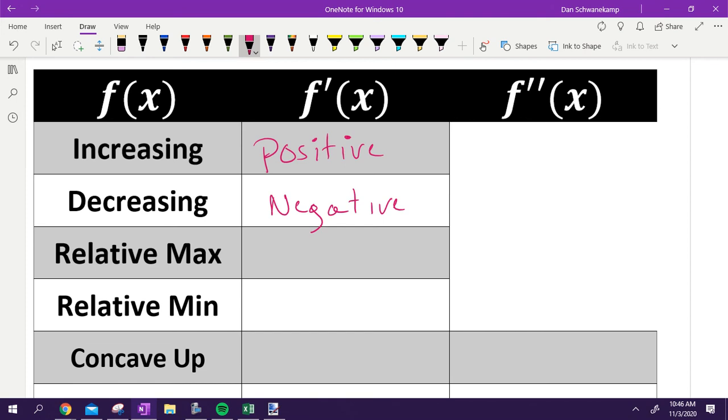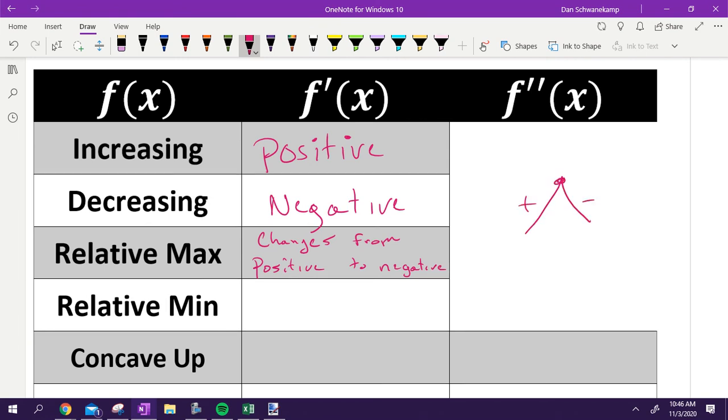A relative maximum. If f has a maximum, what is going to be happening with f prime if I have a maximum? Ken? F prime changes from positive to negative. We just talked, that is a maximum right there.